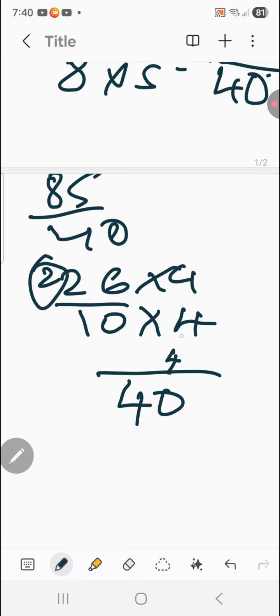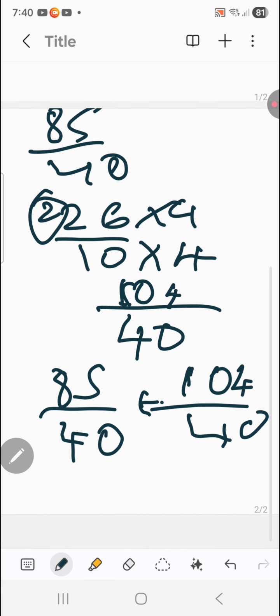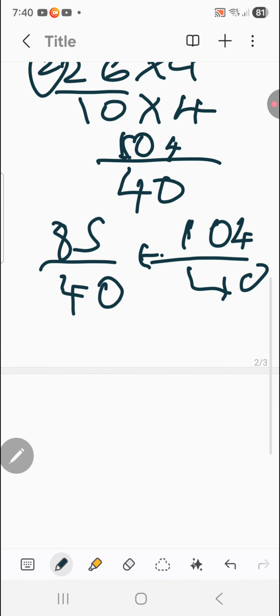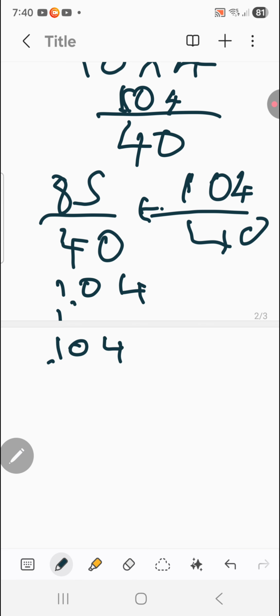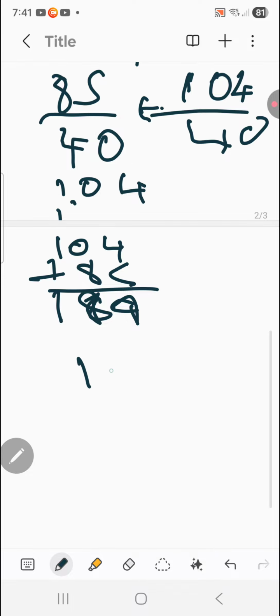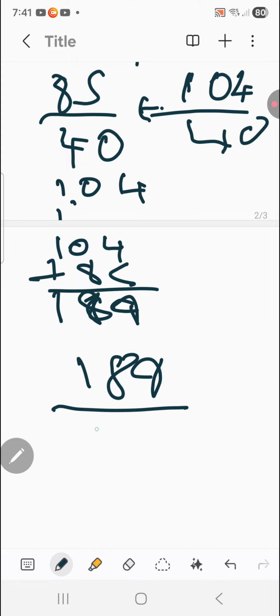Now adding this, you get the answer, but that's still not the final answer. I'll tell you why. To add this, as you know, 104 plus 85 is 189. So it's 189 by 40.